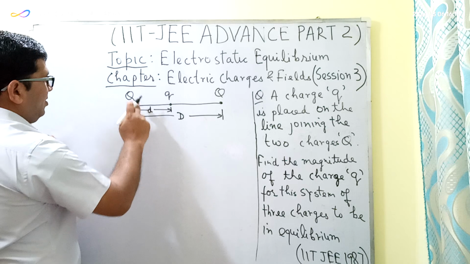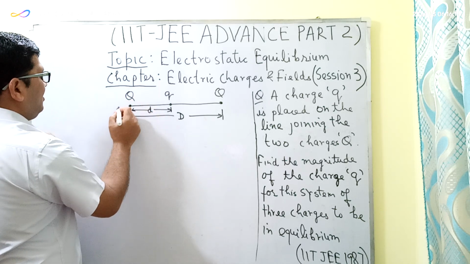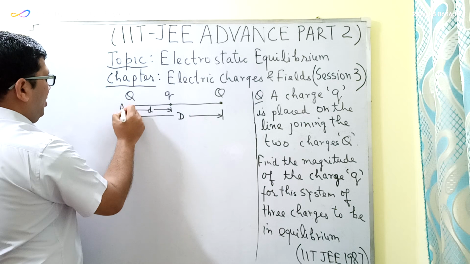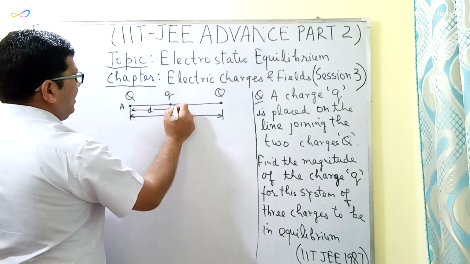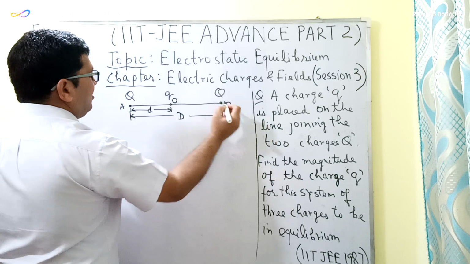So now I am just taking this point as A, this point as, let us say, O, and this point as B.